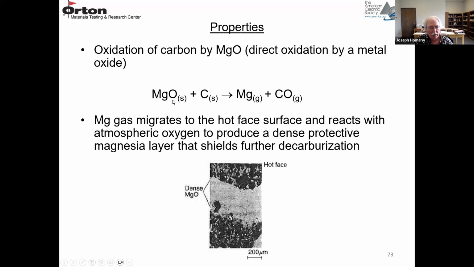So you really don't want to destroy your MgO by having a reaction with carbon, but this turned out to be an advantage here because this Mg gas diffuses to the hot face, reacts with oxygen, forms a dense MgO layer, which is another protective layer preventing the decarbonization. This is the kind of thing that's not planned when you design a refractory. People discovered it happened when they examined used refractories from these vessels.